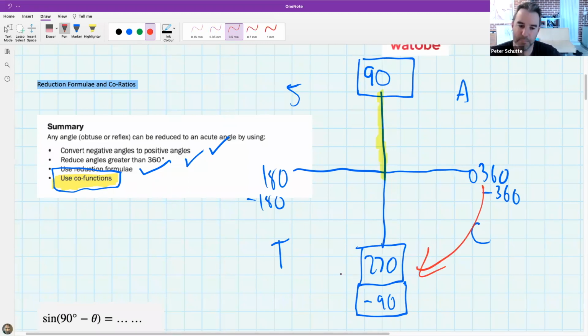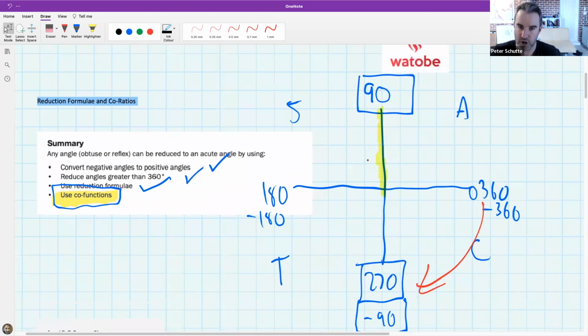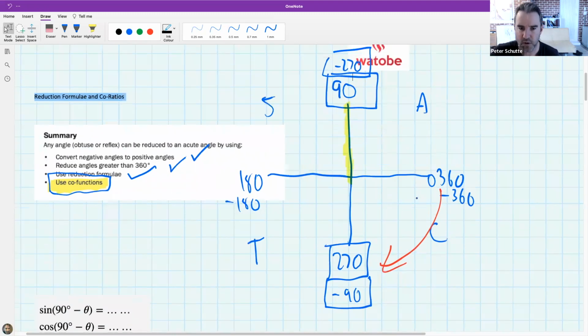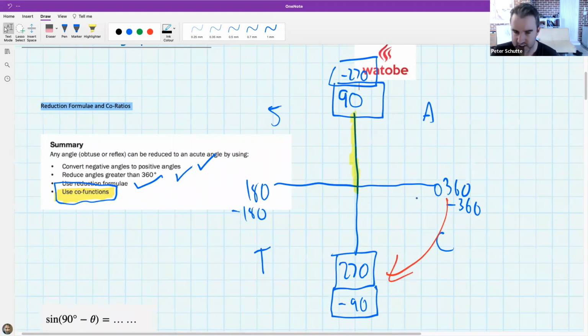And if I kept going, I get minus 180. And then at the top here, I could also have minus 270. So give me a thumbs up if you understand what the vertical axis is in the CAST diagram.